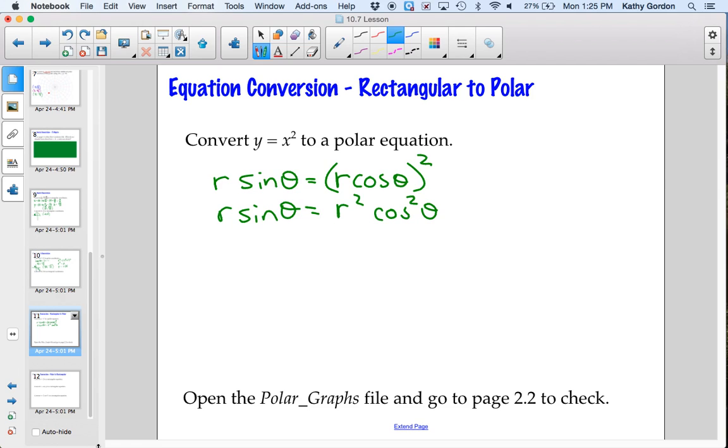So if I try to get r by itself, divide by r, divide by sine, and then divide by cosine.